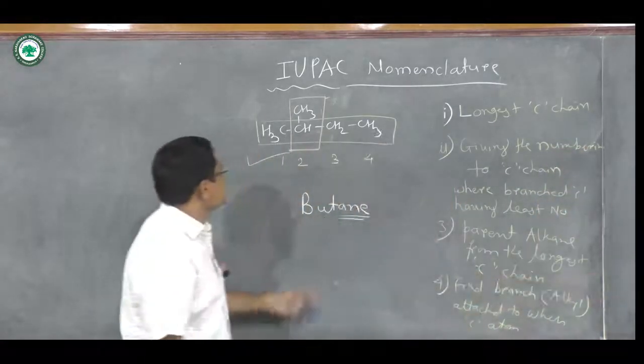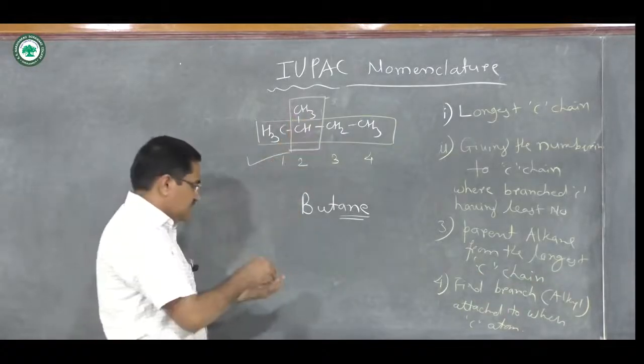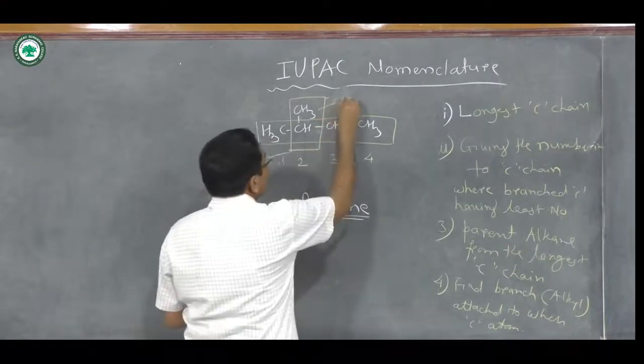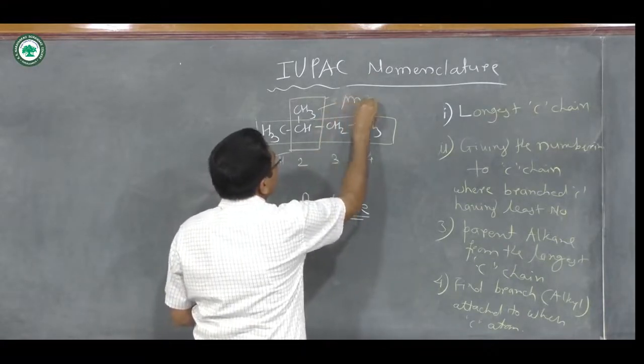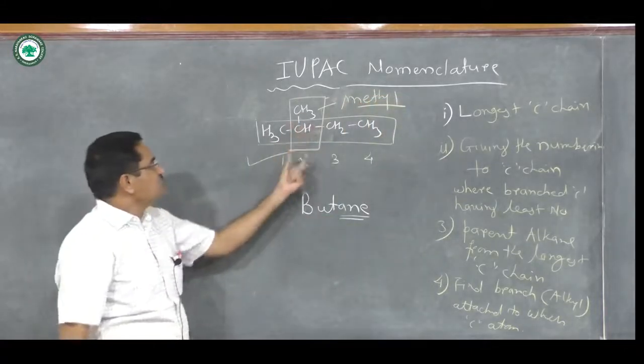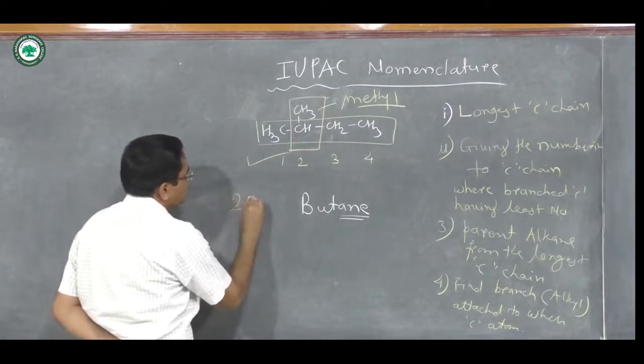Now in this case the CH3 group, CH3 is nothing but an alkyl group, a methyl group attached to the second carbon atom. So 2-methyl.